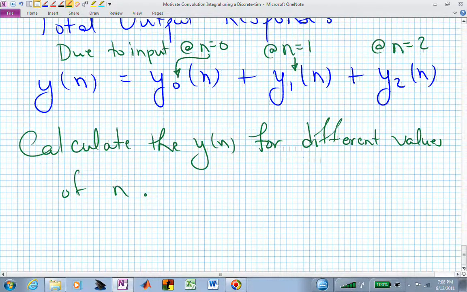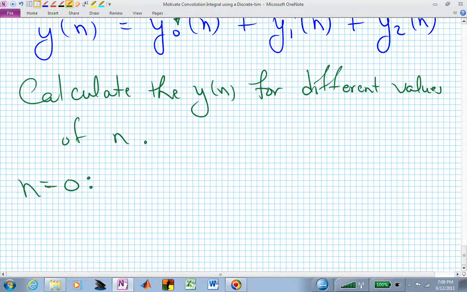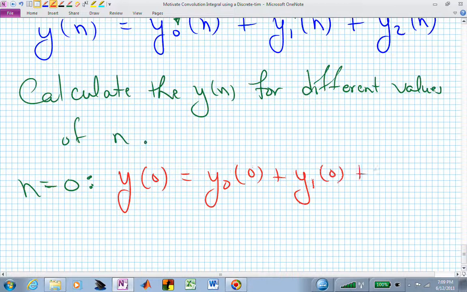In particular, at n equals 0, what we now need to do is add up all of the pieces that combine. We have y sub 0 of 0, we have y sub 1 of 0, and we have y sub 2 at 0.